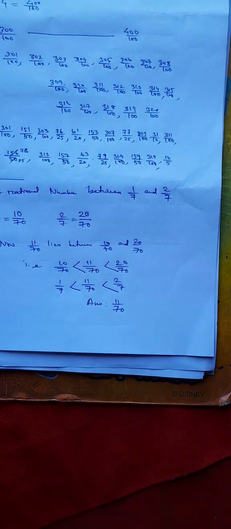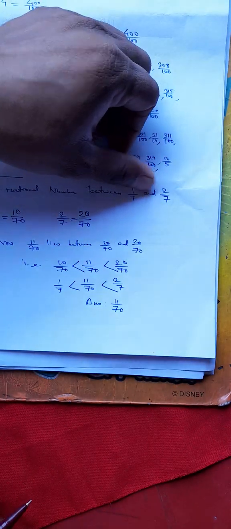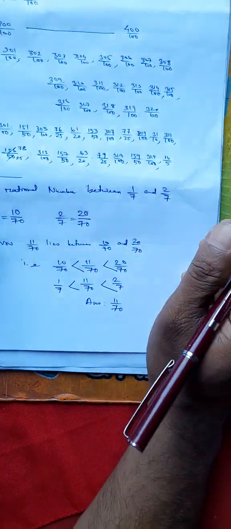This is how you can find a rational number between two given fractions. We will discuss similar examples from the CBSE curriculum.